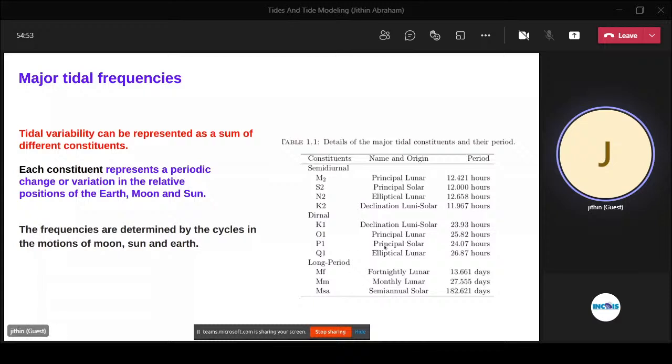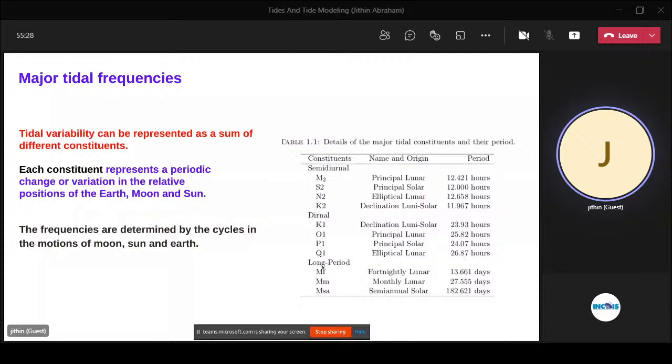These frequencies are essentially determined by the cycles of motion of the Moon, Sun and Earth. The major tidal constituents are M2, S2 and N2. These are known as semidiurnal constituents because they have a periodicity of about 12 hours, half a day. K1, O1 and P1 are known as diurnal constituents, with a period of about a day.